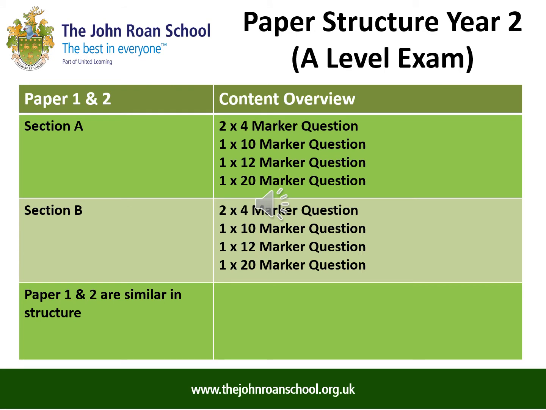In year 2, for the final exam, paper 1 and 2 are similar in nature and in structure. The paper is divided into 2 parts, section A and section B. Section A consists of 2 4-marker questions, 1 10-marker question, 1 12-marker question, and 1 20-marker question.